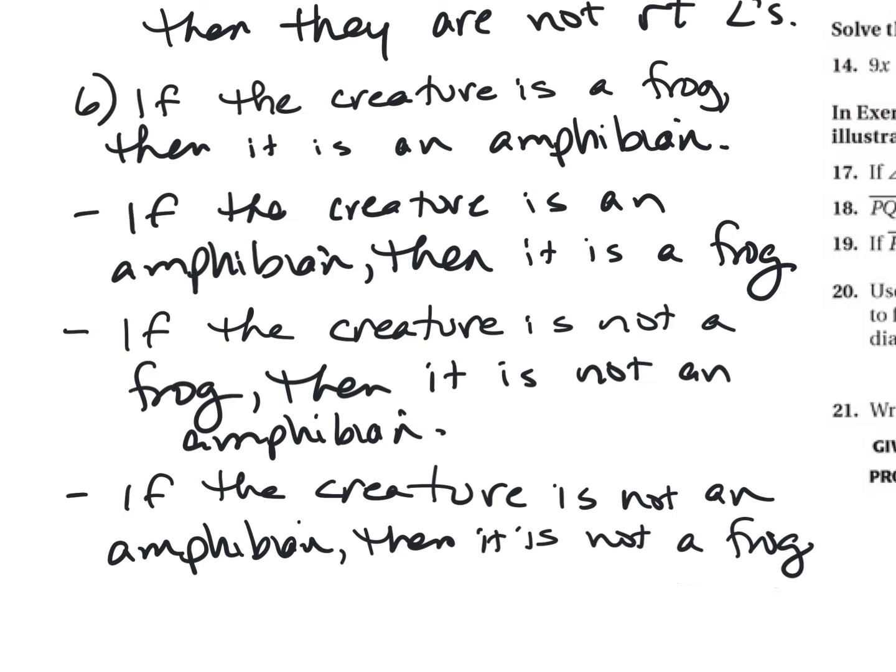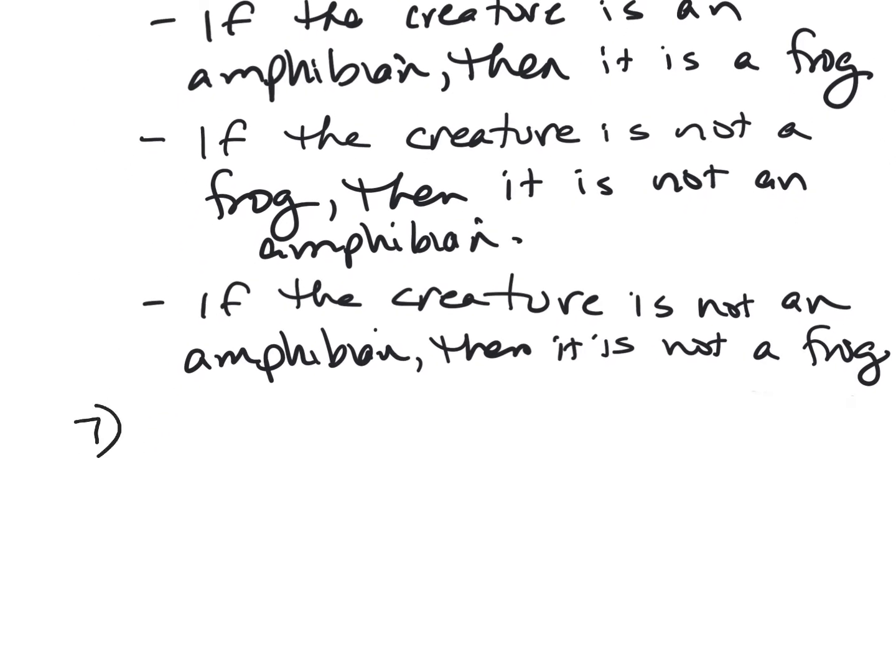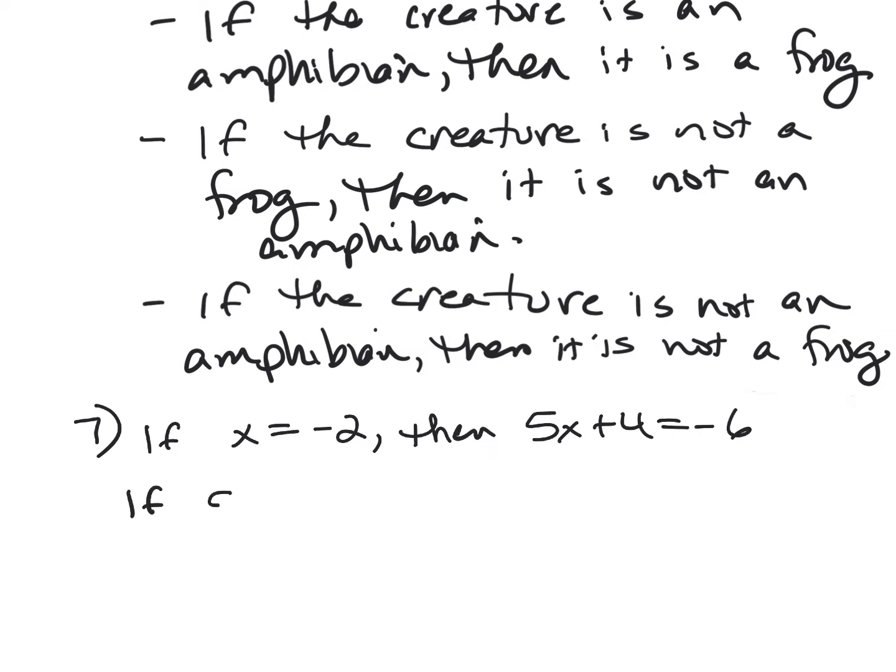Same thing, 4 statements. So for number 7, the conditional is if x equals -2, then 5x plus 4 equals -6. Converse, flip it. If 5x plus 4 equals -6, then x equals -2.